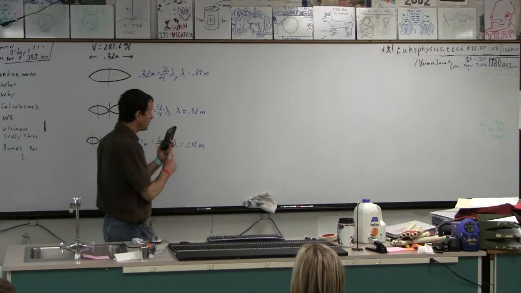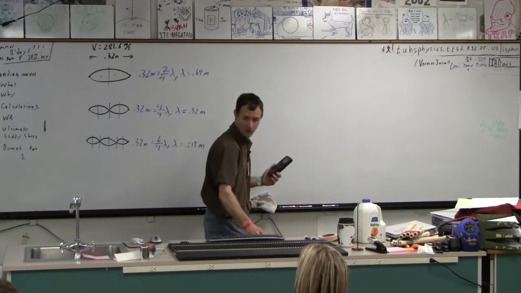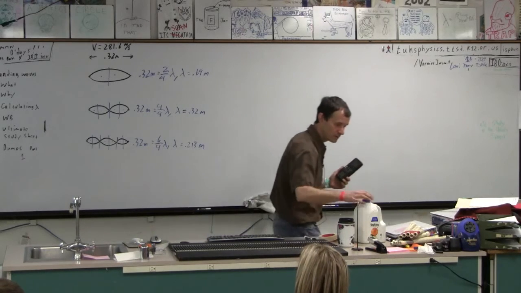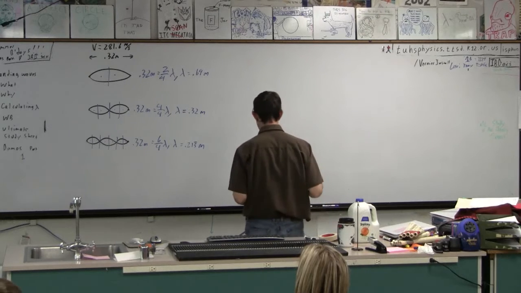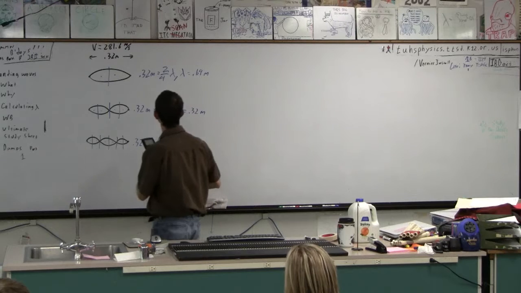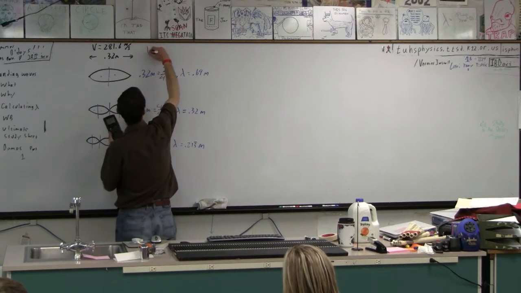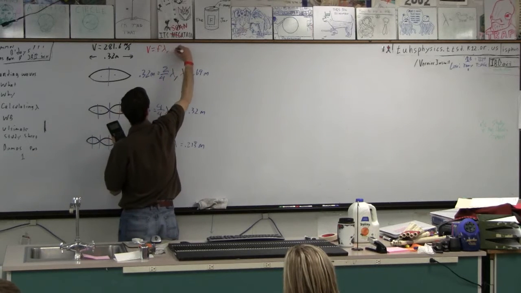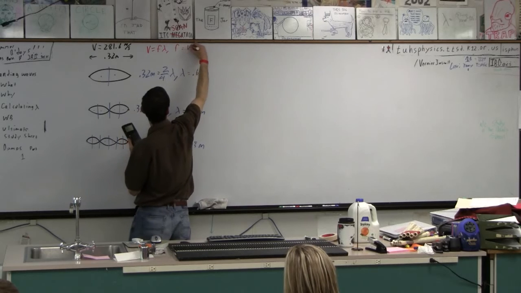And now we want to figure out frequency. If you recall, for frequency, we're going to use this formula: V is f lambda, right? Isn't frequency always V over lambda?